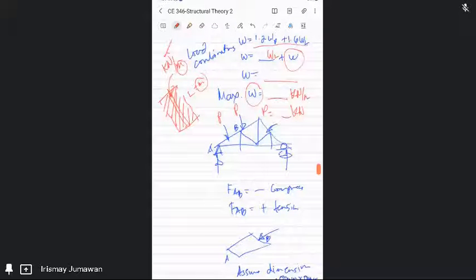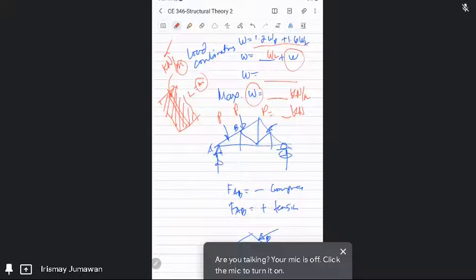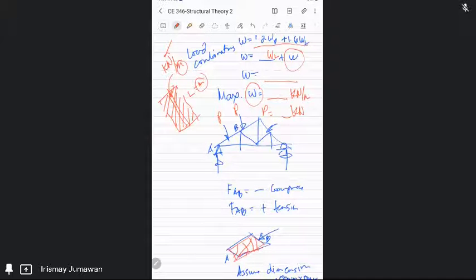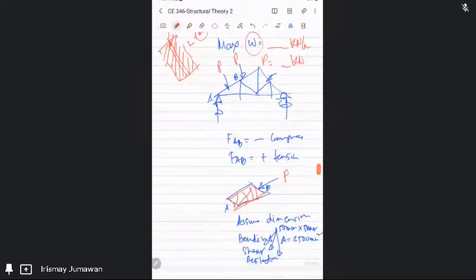If the compression side is large, for example if timber is used for your truss, you need to determine the dimension. Assume a dimension, for example 50 by 50 mm. Then design it so that it passes bending, shear, and deflection.